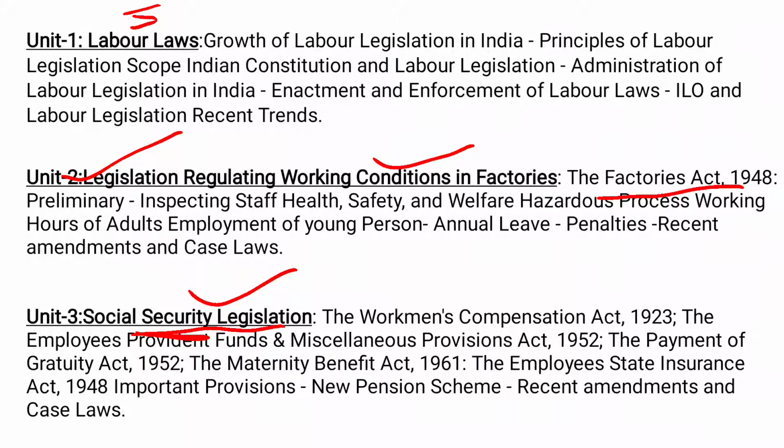In order to provide security to the employees, there are different acts, namely the Workmen's Compensation Act 1923, the Employees Provident Funds Act, the Payment of Gratuity Act, the Maternity Benefit Act, the ESI Act, like this. All these acts provide economic and social security to the employees, and you are going to study them under Unit 3.